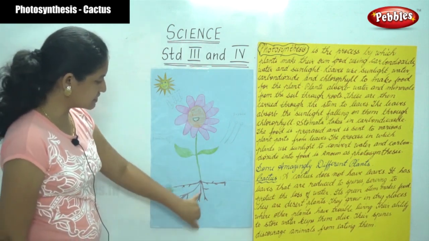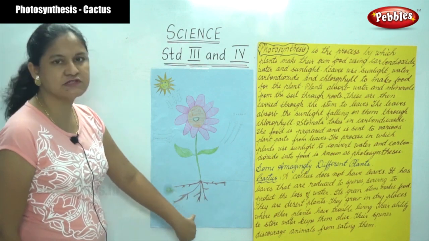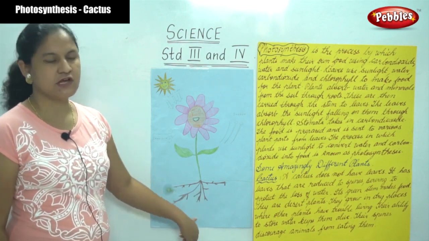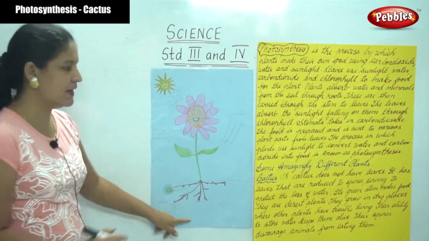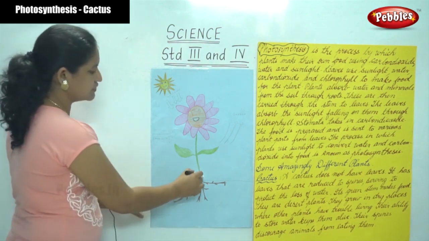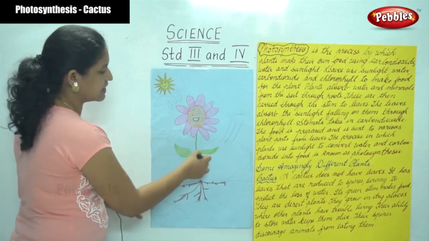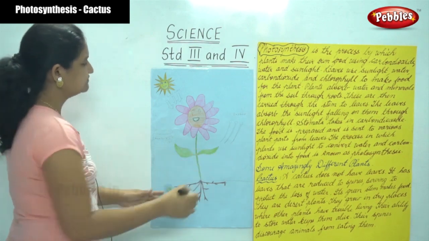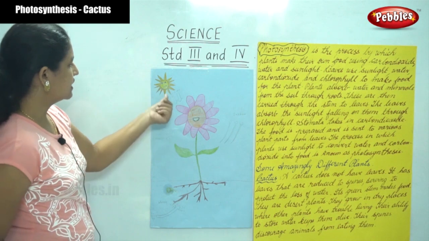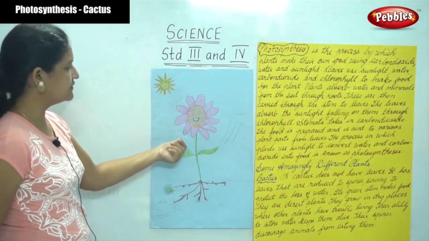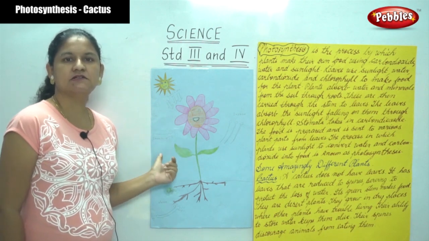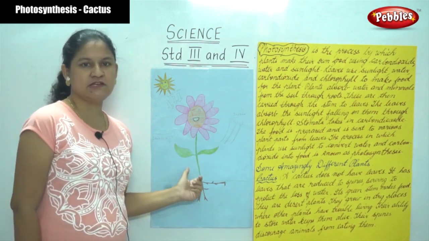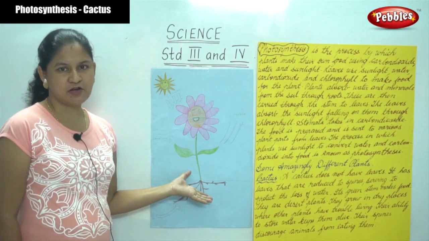So we have a small plant. We have the roots, the part of the plant that grows below the ground. The roots absorb the water and minerals from the soil and pass it on to the stem, which in turn passes it to the leaves. Then the leaves absorb the sunlight, and the tiny openings, the stomata on the leaves, absorb the carbon dioxide.